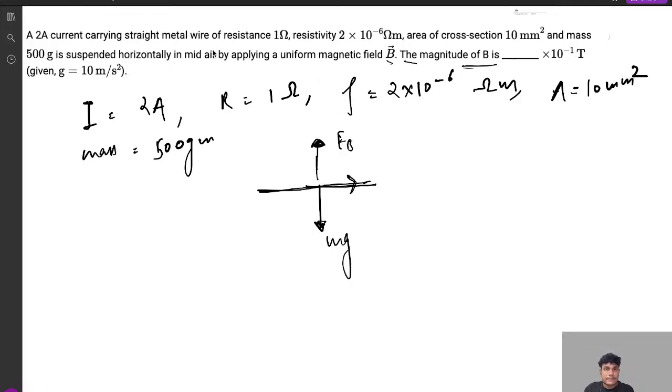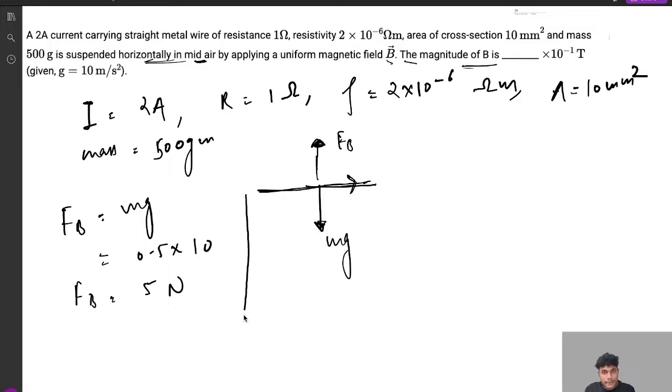That's why it is suspended horizontally in mid-air, as the magnitude of both forces is the same. That is F B is equal to mg. So m is 0.5 kg and g is 10. From here F B comes out to be 5 Newton.